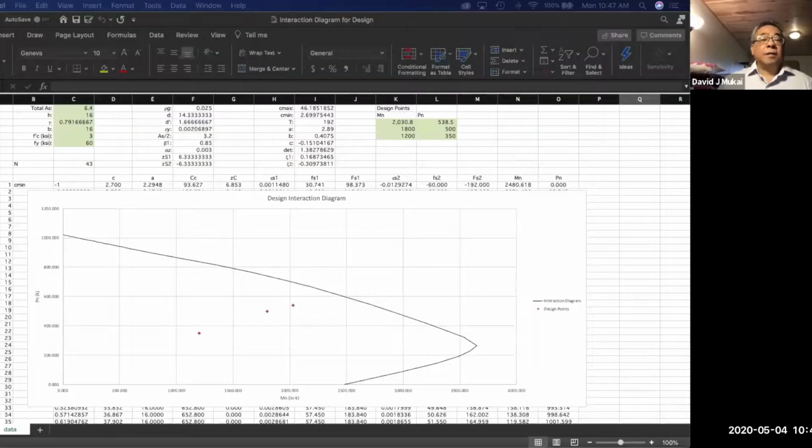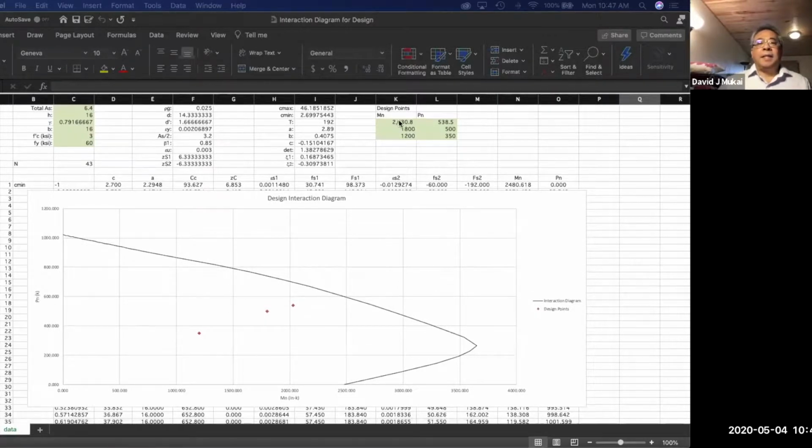Okay, so I posted for you this spreadsheet.